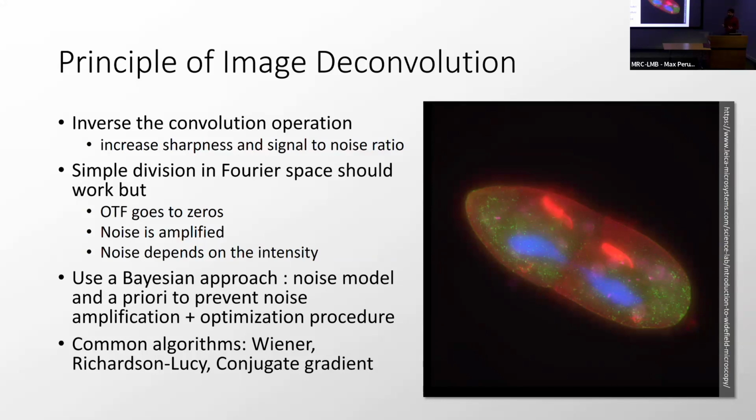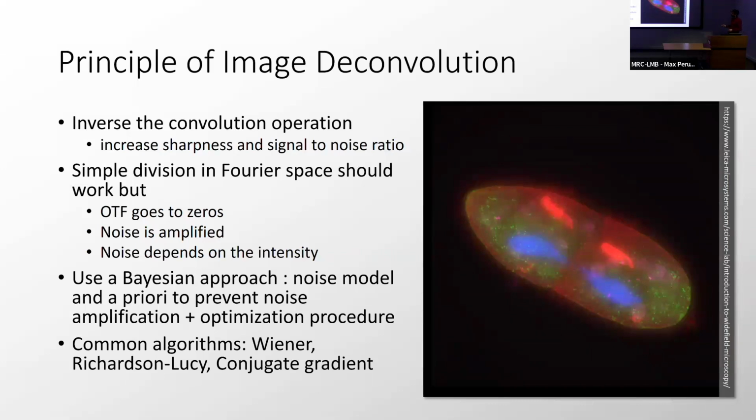We saw that in Fourier space, a convolution is just a multiplication. So we could go ahead, divide by our optical transfer function, and recover a sharp image. It's almost good, except we saw that the optical transfer function goes to 0 beyond the cutoff frequency. So not good. It also goes down quickly, so it will amplify the noise.